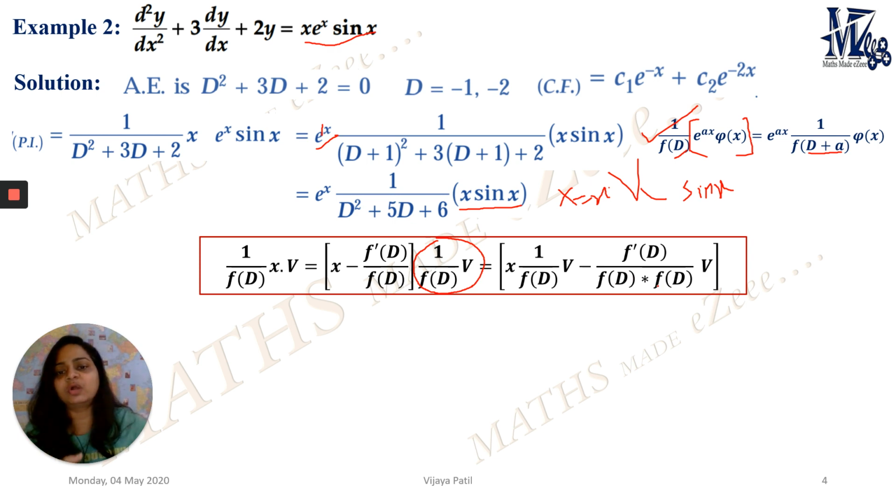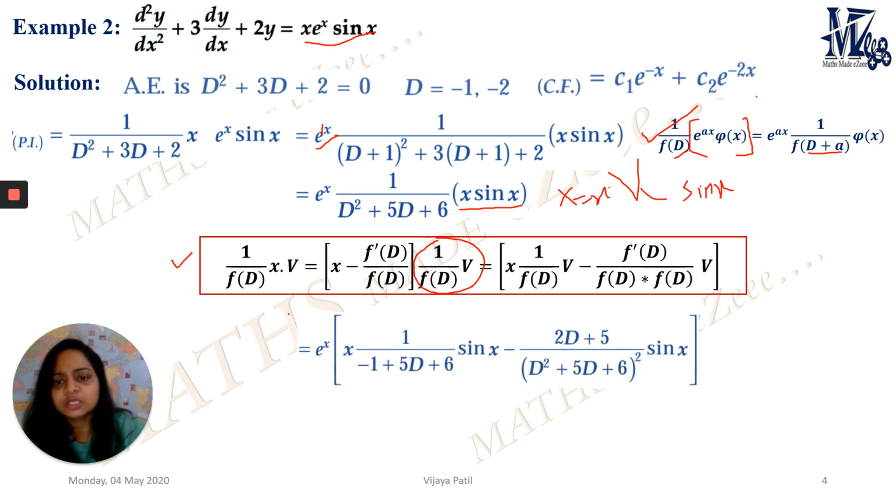That means it's nothing but f of D the square. So for example, here my f of D is D square plus 3D plus 2. So f of D into f of D will give me D square plus 3D plus 2, the whole square. That is the only difference. So let us solve this particular example by this one. So e to the power x 1 upon D square plus 5D plus 6 into, so x is coming out of it, this 1 upon, what is here now is sine of x, right?